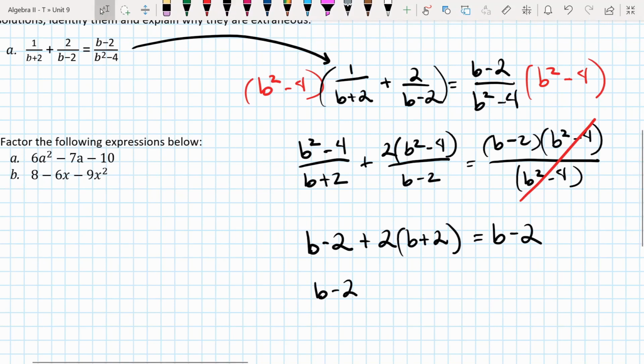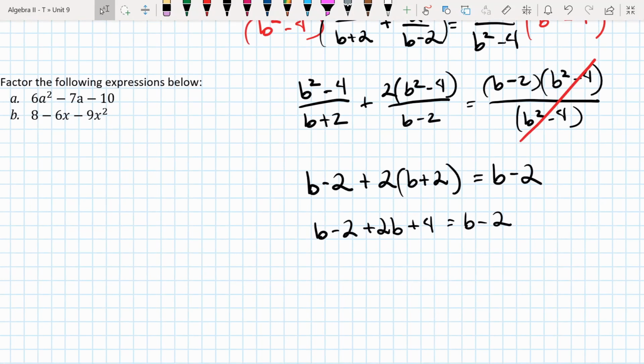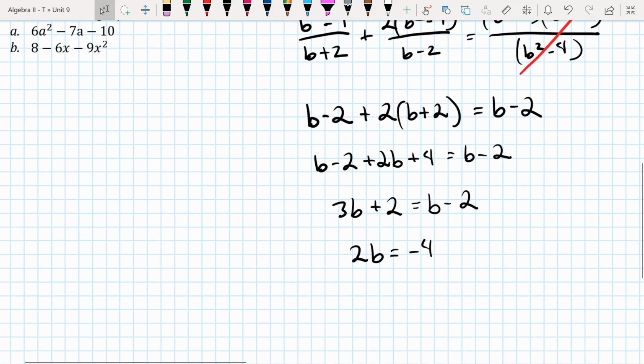So b minus 2 plus 2b plus 4 equals b minus 2. This becomes 3b plus 2 equals b minus 2. Let's bring the b over and the 2 over, so 2b equals negative 4. And so we get b equals negative 2.